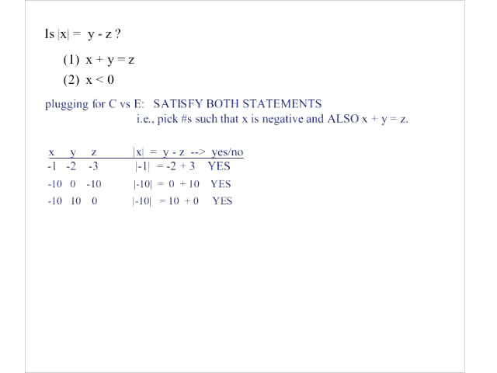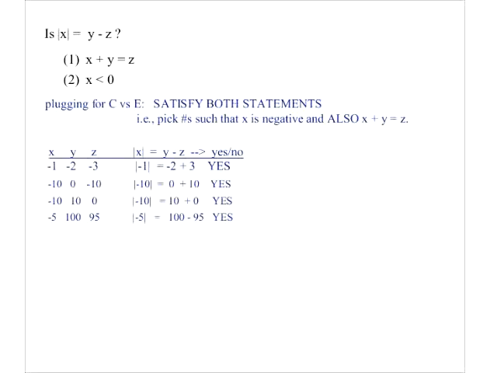We're trying to get all the possibilities here, positives, negatives, and so on. What if we had negative 5 and 100 and 95? Is the absolute value of negative 5 equal to 100 minus 95? That would be a yes.